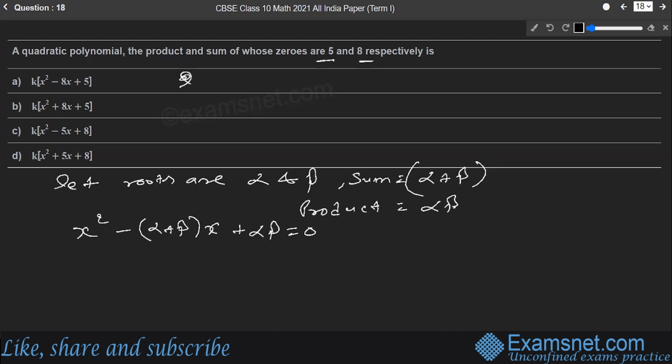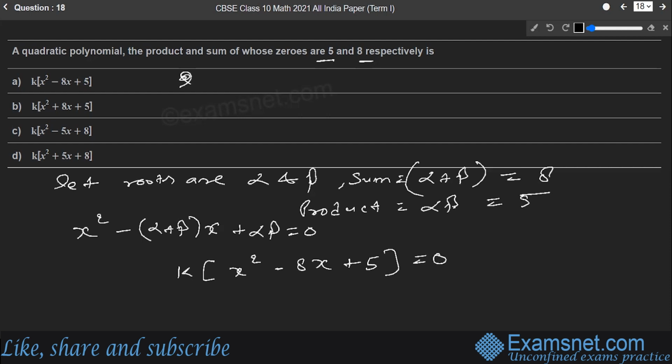So now let us put the values of sum and product together. We get k times x square minus (alpha plus beta) x, and alpha plus beta is already given as 8, and alpha beta is already given as 5. So x square minus 8x plus the product of the roots, 5. So x square minus 8x plus 5 is equal to 0.